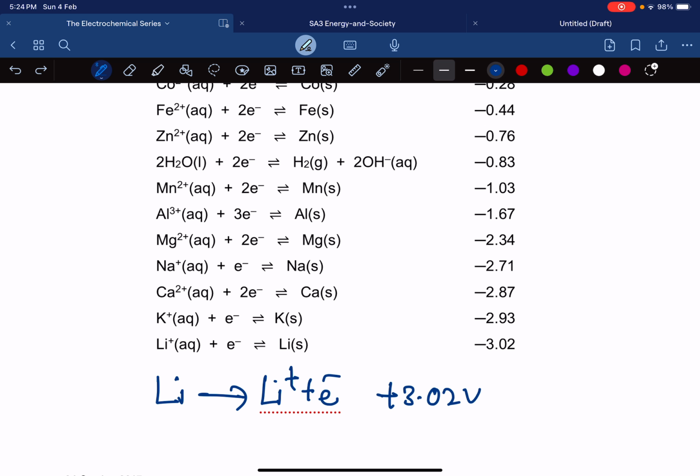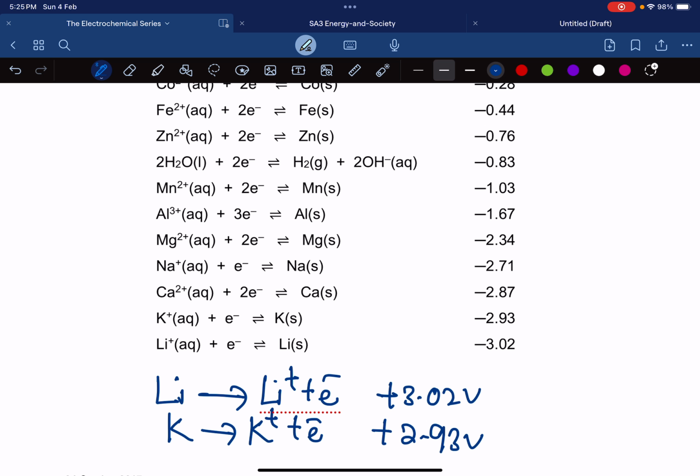Same thing with potassium, because we know metals love to lose electrons, yes or no? So this is going to be 2.93. But if we compare lithium and potassium, we realize lithium is a better reductant because it loves to lose electrons more than potassium. Slightly more, about 0.09 more, but that's what it is.